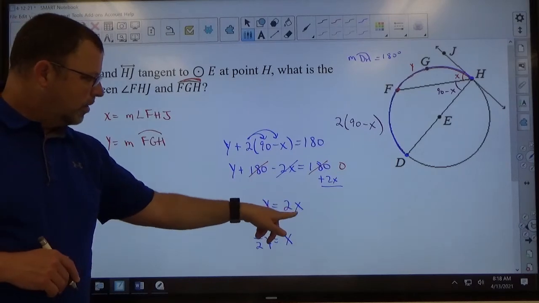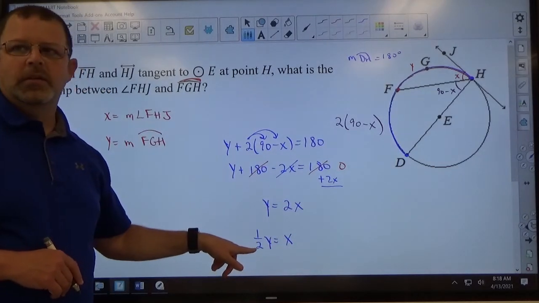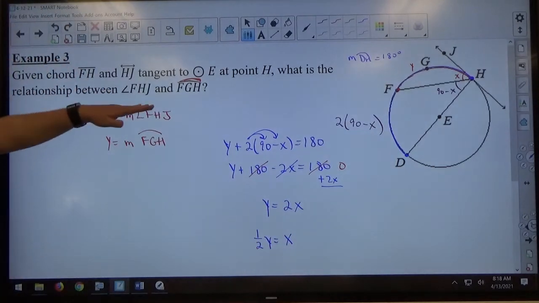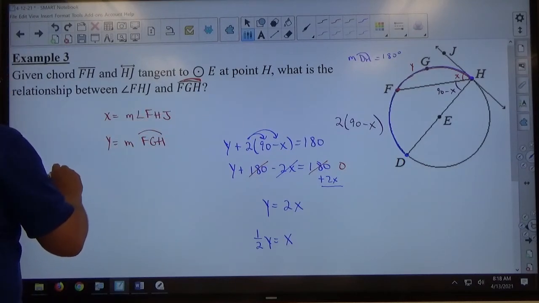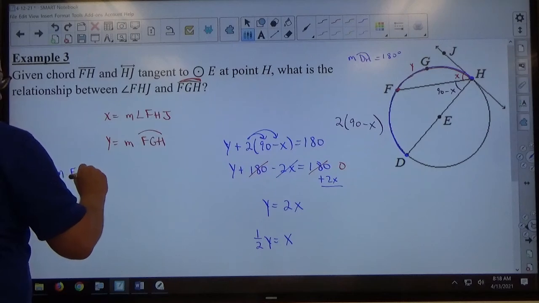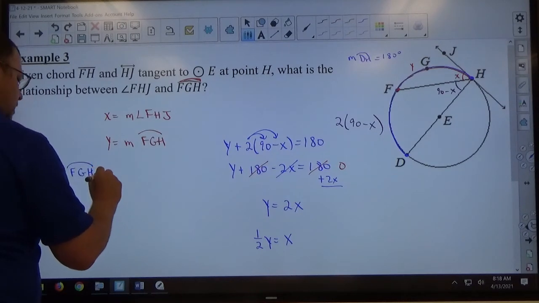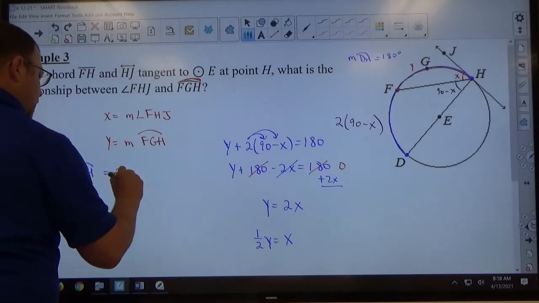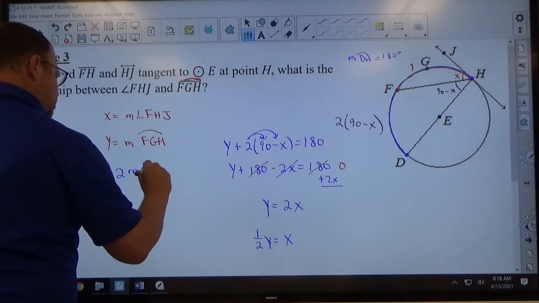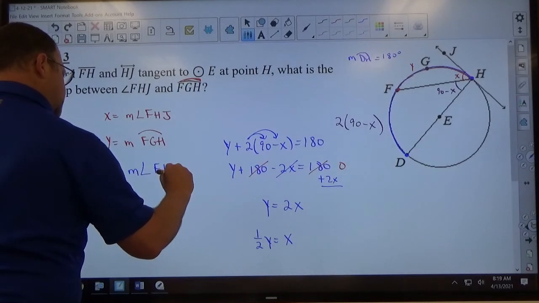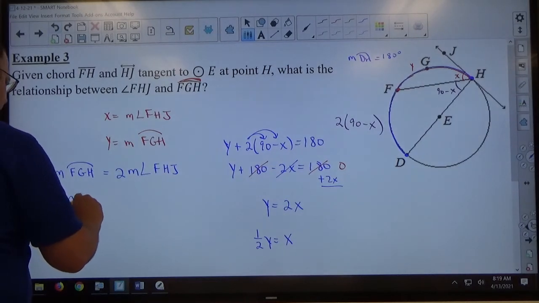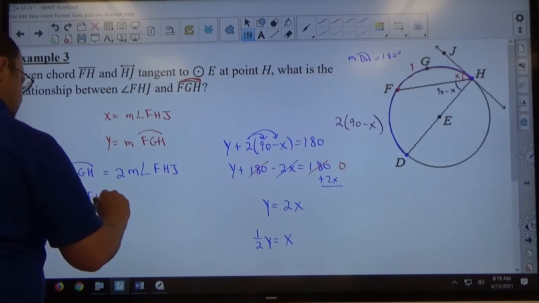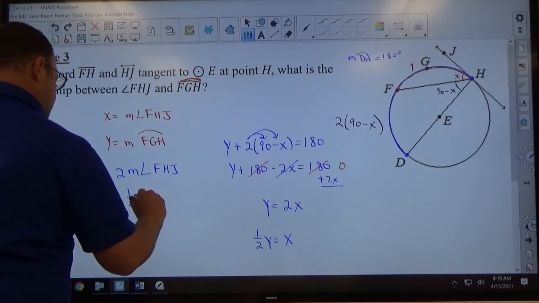So writing the relationship with our notation, the measure of arc FGH is equal to 2 times the measure of angle FHJ, or the measure of angle FHJ equals 1/2 the measure of arc FGH.